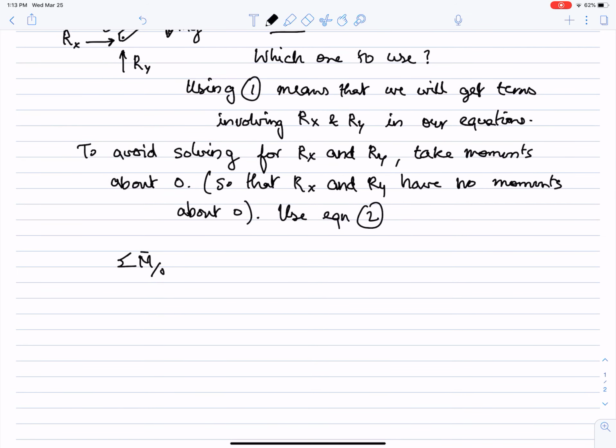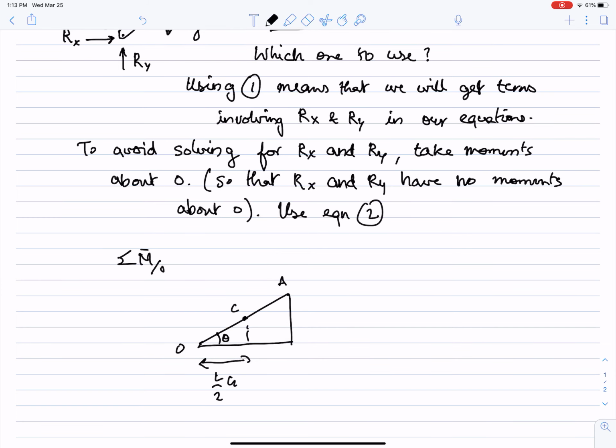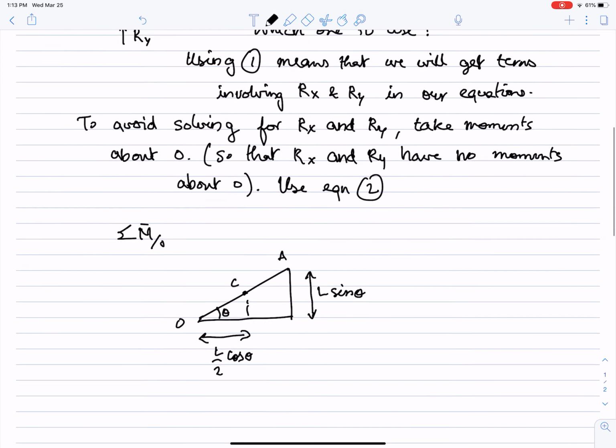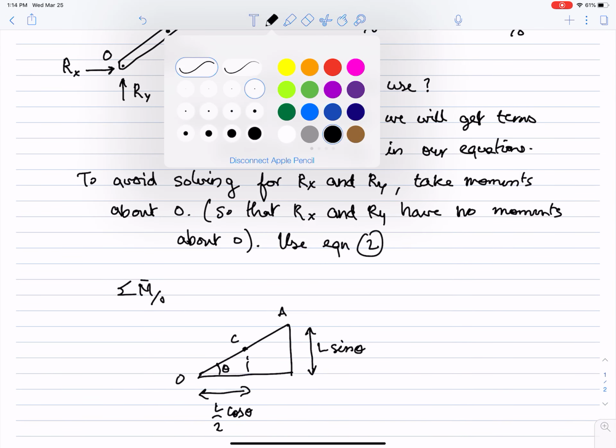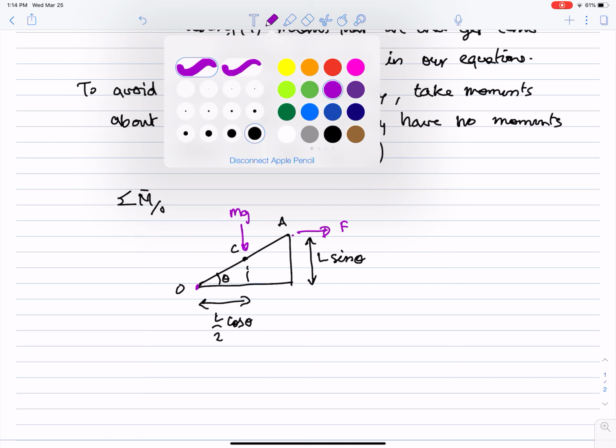So if you have a triangle like this, and this is point C, point O, point A, this is going to be basically L over 2 cosine theta, and this is going to be L sine theta, and we have a force mg acting here, and we have force F acting here. We are taking moments about point O, so oops.